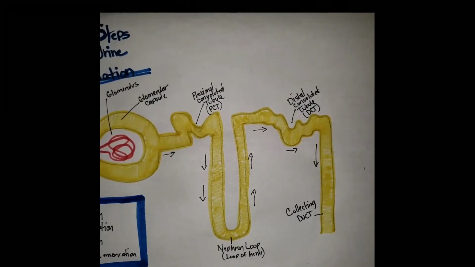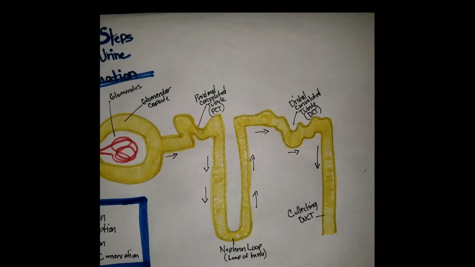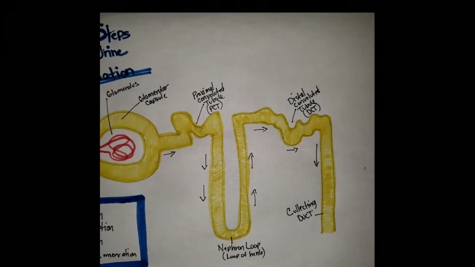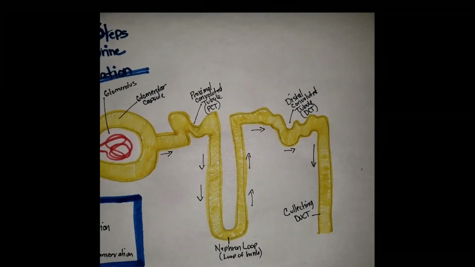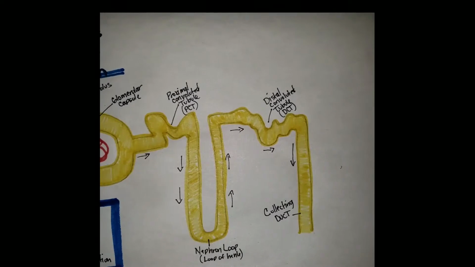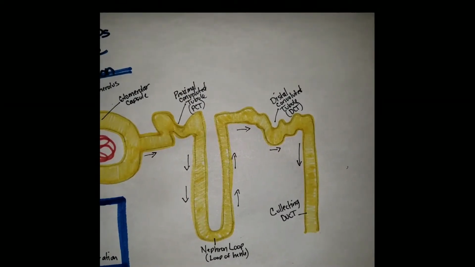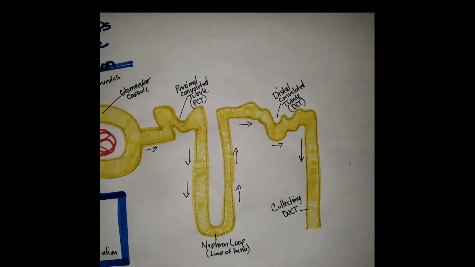So it'll remove like urea, ammonia, bile salts, drugs, and at this point the filtrate is more like urine. The DCT area does use hormones to help maintain balance of the salts in water. It uses aldosterone, ANP, and ADH.